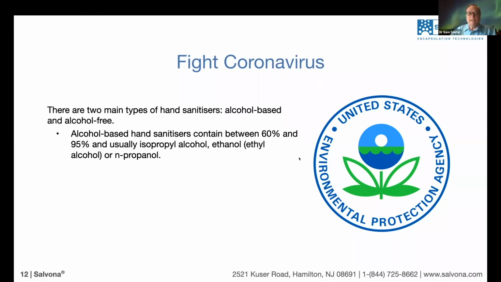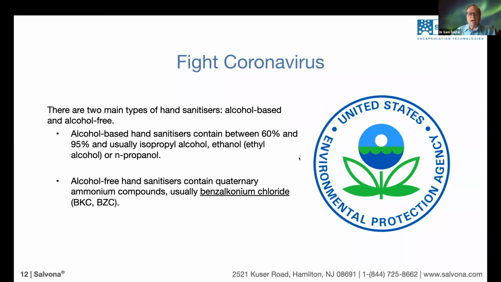It could be either isopropyl alcohol or ethanol or propanol, but it's a base of at least 60% alcohol. Alcohol can kill the virus and the bacteria immediately. But alcohol, as you know, evaporates pretty fast, and the effect is immediate but temporary. Okay? The other type of materials that are allowed to be used for this are alcohol-free, and the only one that I know of is benzalkonium chloride.